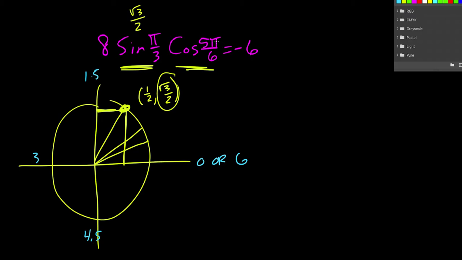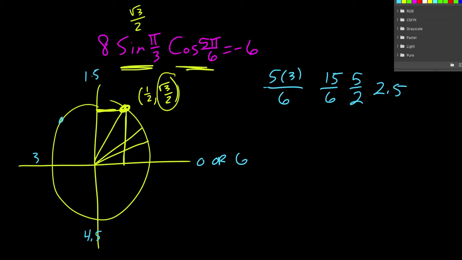Now if I estimate pi to be 3, and I do 5 times 3 over 6, I get 15 over 6. If we reduce that, dividing them both by 3, we get 5 over 2, or 2.5.